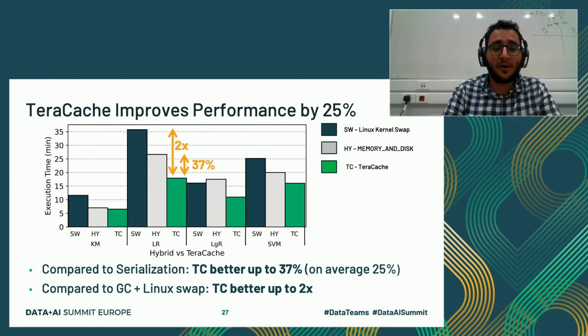The first bar in each cluster shows the performance when we use a heap that is swapped over a fast storage device using the Linux kernel swap mechanism. So in this situation, we have a very large heap swapped over a fast storage device, and we use the memory-only storage level in Spark.